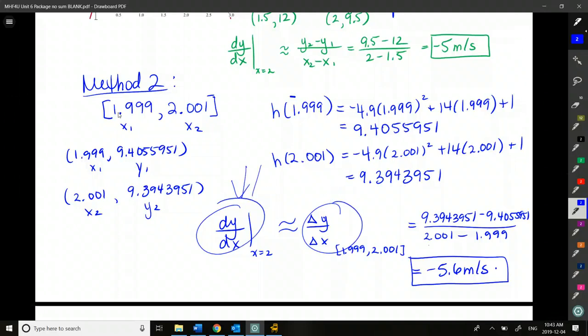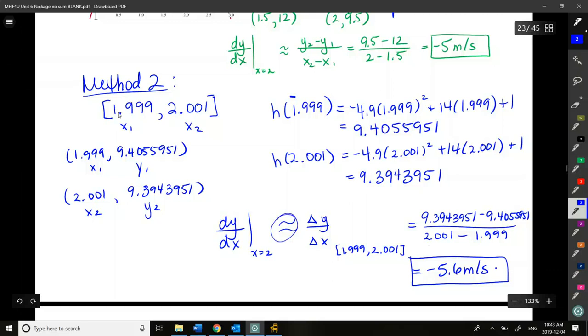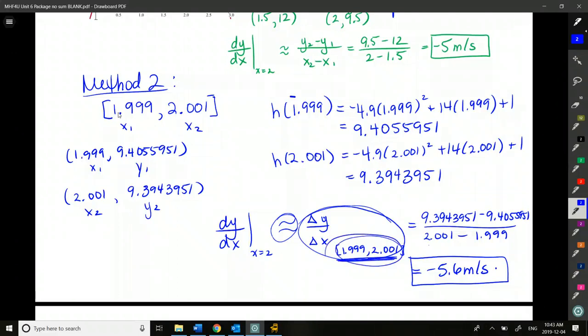So you need to show those notations to indicate what type of rate of change you're finding. We're saying it's approximately equal to the average rate of change over this interval because we're estimating instantaneous rate of change using this average rate of change over this interval here.